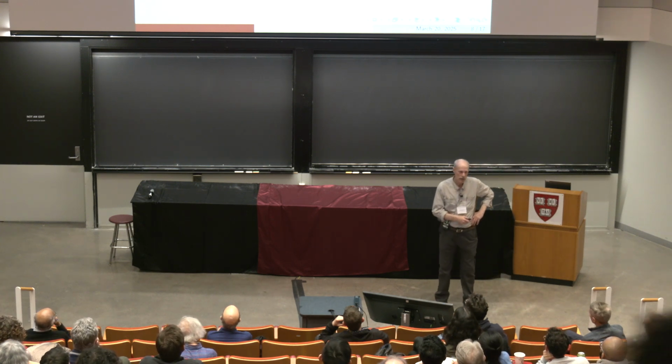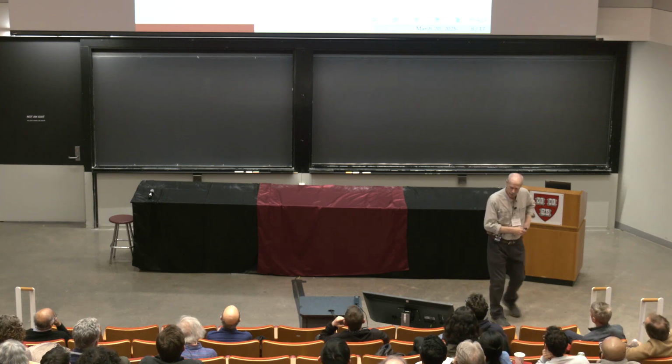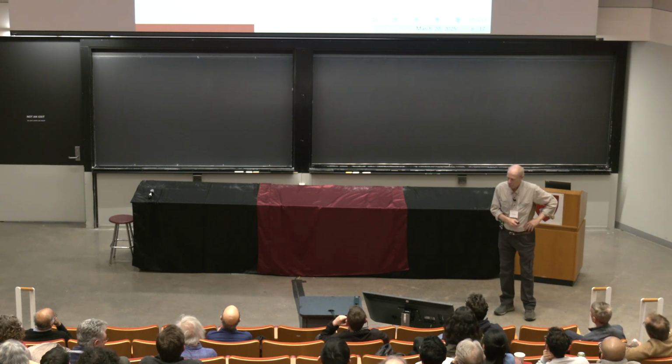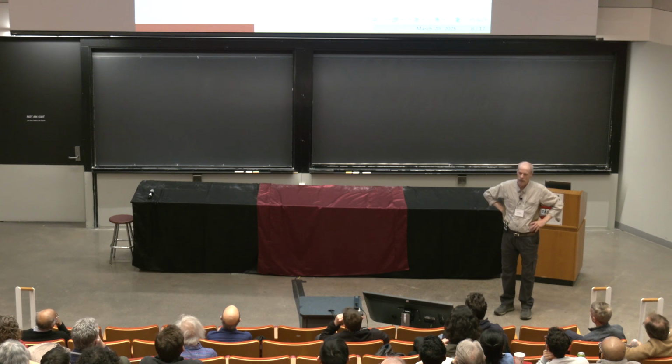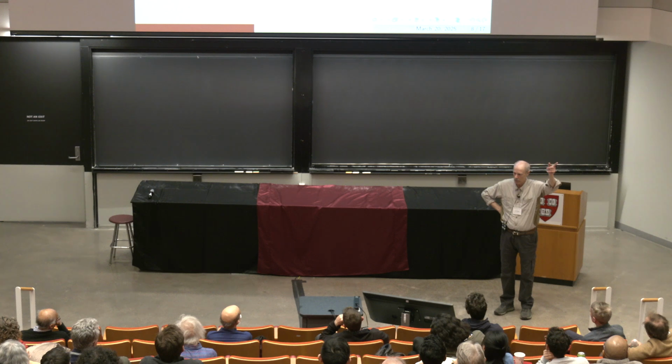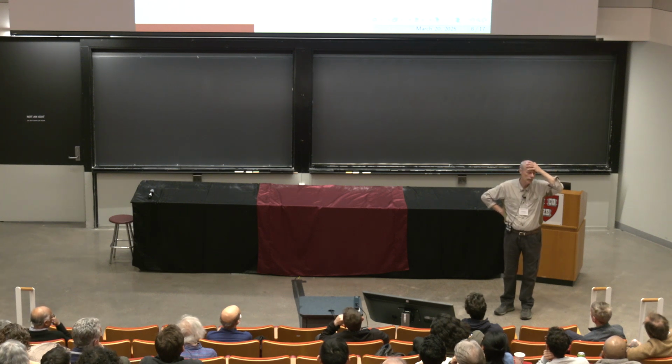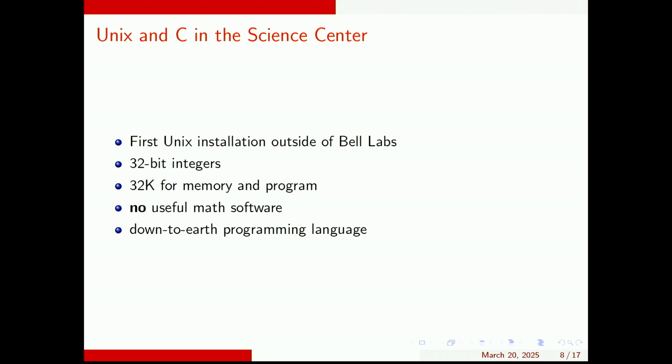But just now stepping aside, I'm going to say, the first Unix installation outside of Bell Labs was across the hall here. Technically, the one in the chemistry department might have been earlier, but the group here was a very eclectic group of very bright computer-oriented people.